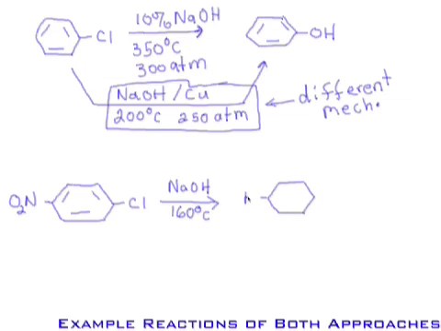Clearly, the electron-withdrawing group, NO2, which we know, if you go back to electrophilic aromatic substitution, withdraws electrons by electronegativity, electronegative nitrogen to electronegative oxygens, and by resonance. Clearly makes the ring more susceptible to nucleophilic attack, and we can produce para-nitrophenol.